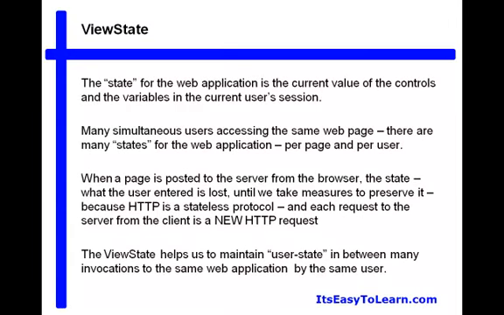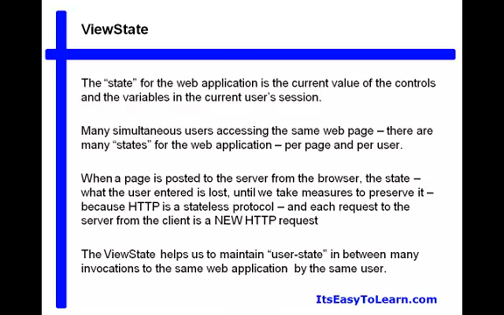Recalling what we learned in C#, an object has state, right? And the state of an object is the value of its attributes. Different objects have different states. Now, what is the state of a web application? Let's say there is a web application, it could be your favorite search engine, or let us take yahoo.com for a discussion.